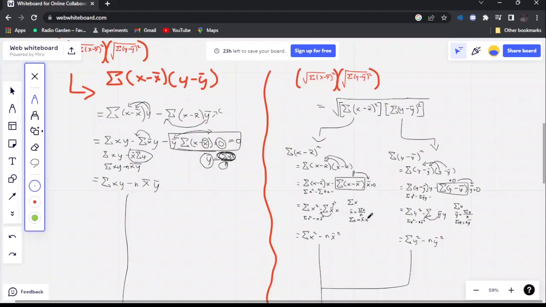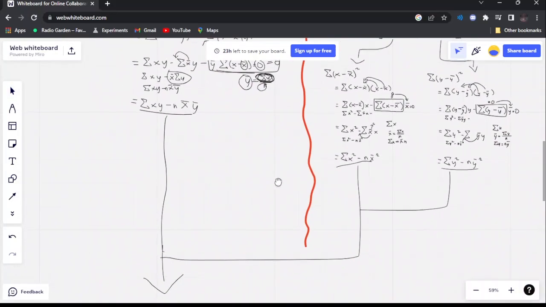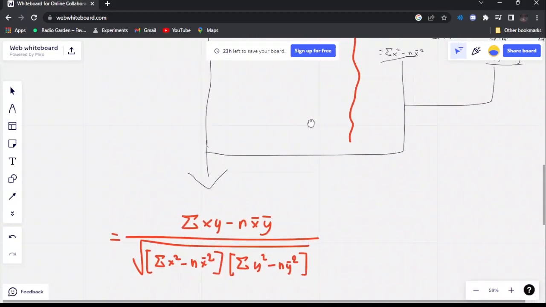So after rewriting the numerator and the denominator, these three right here, we would put them back together. So it would look like this. The next step would be rewriting our x bar and our y bar, or the mean of x and the mean of y.